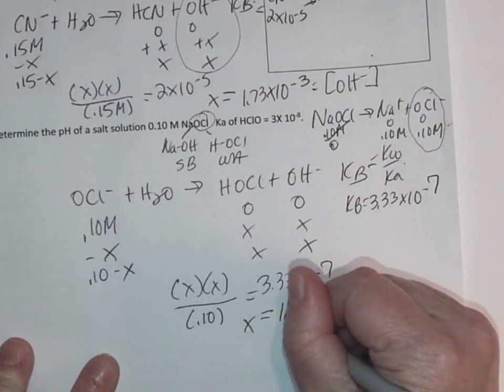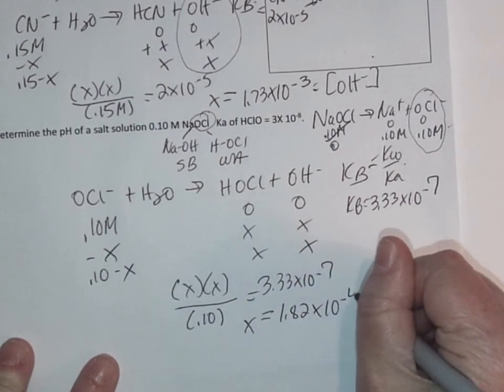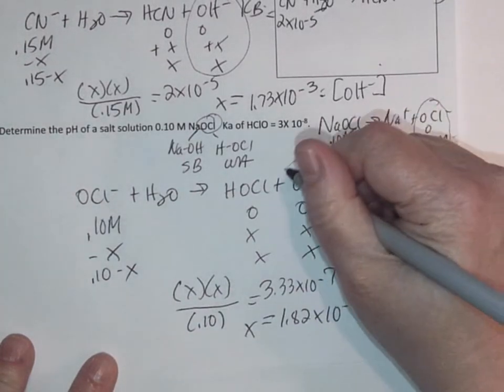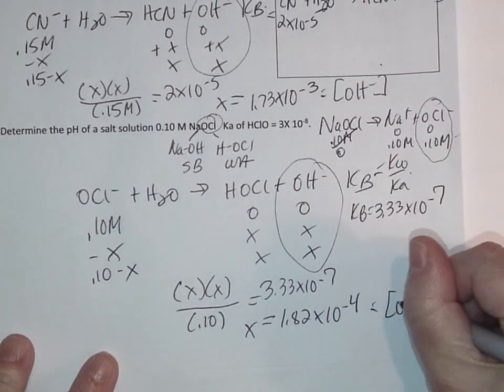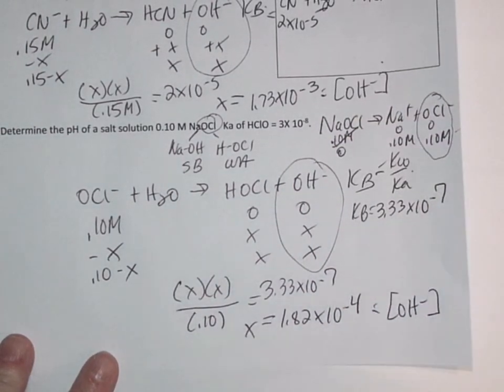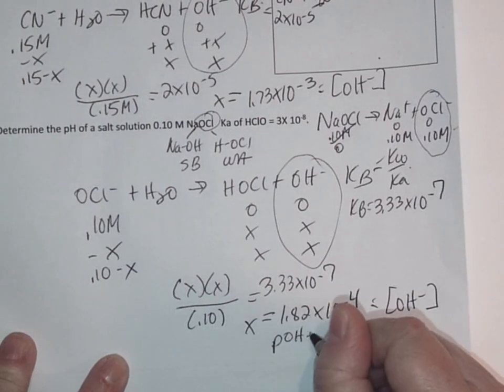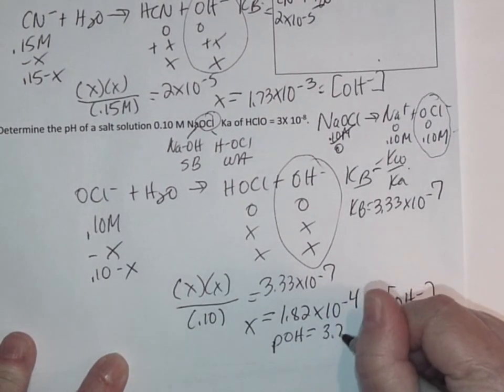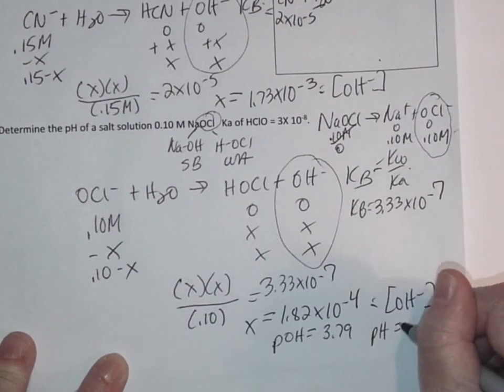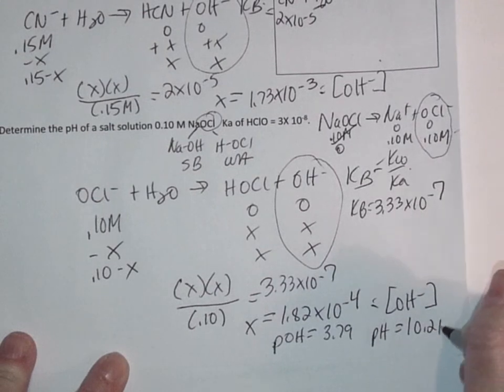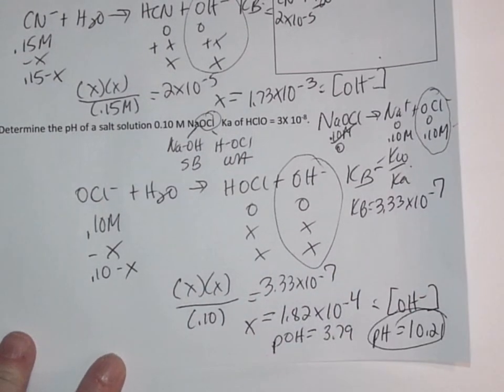My x is 1.82 times 10 to the negative 4. Again, what is that telling us? It tells us this information, and I can go on and calculate my pOH, and then my final pH is 10.21. That is what they wanted, yes.